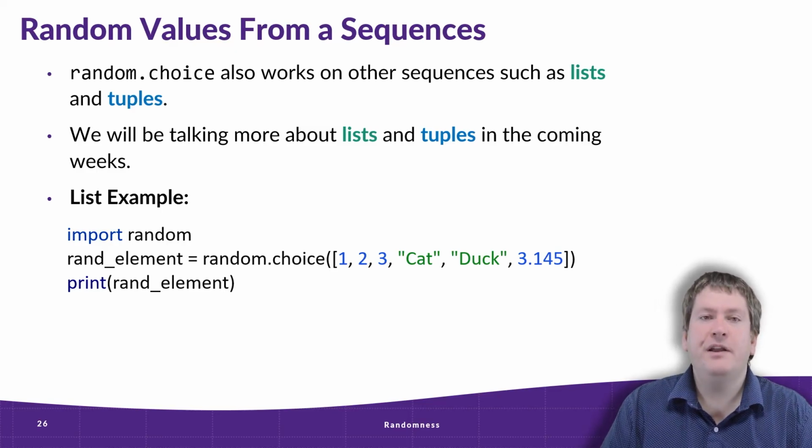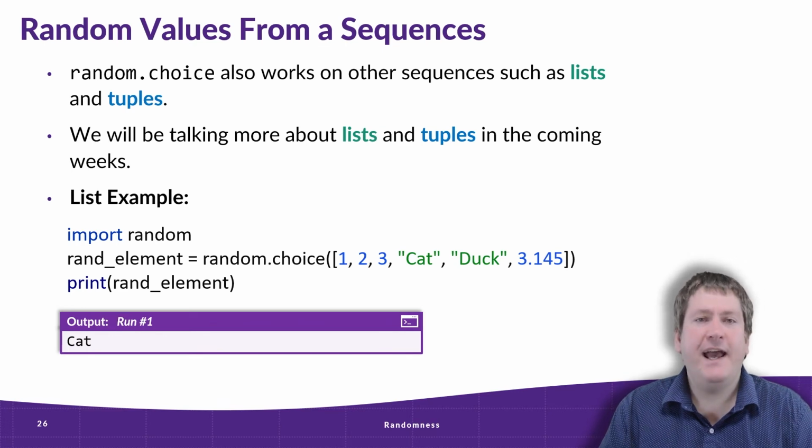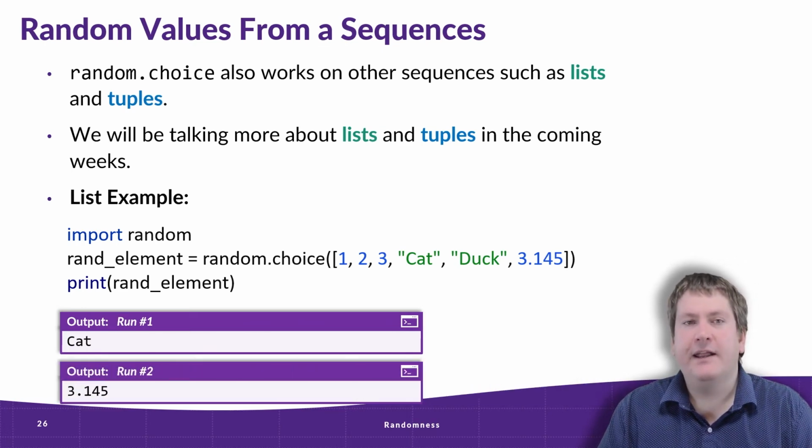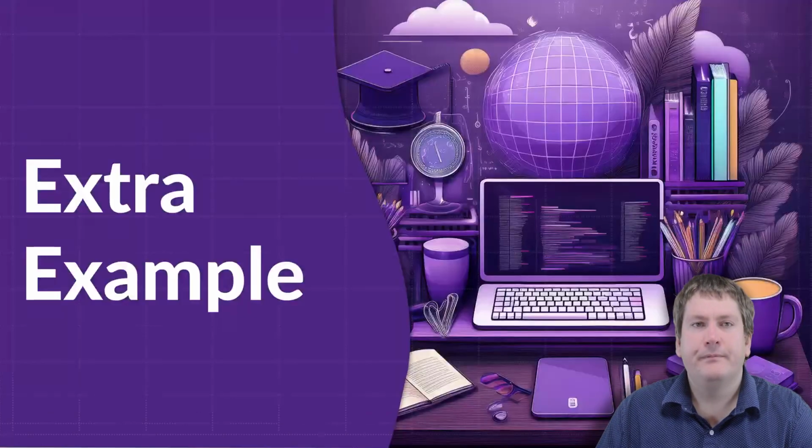When we use this with choice, it's going to pick an element at random from there, which could be any one of these types or values. So for example, we might run this and get cat, and we might run it again and get 3.145. So choice is an extremely useful function that can be used on any kind of sequence.